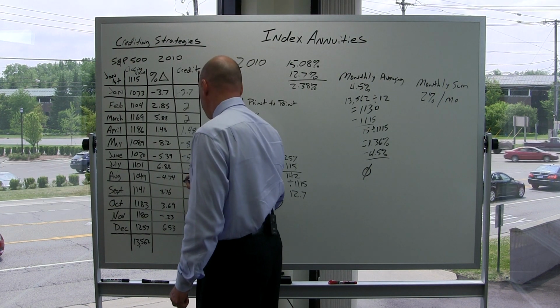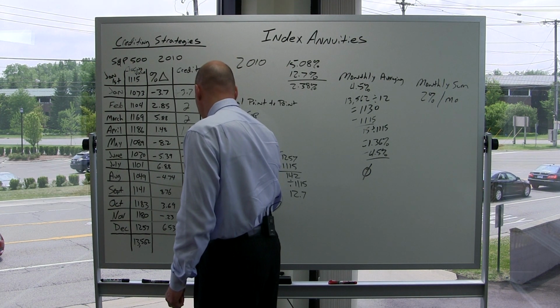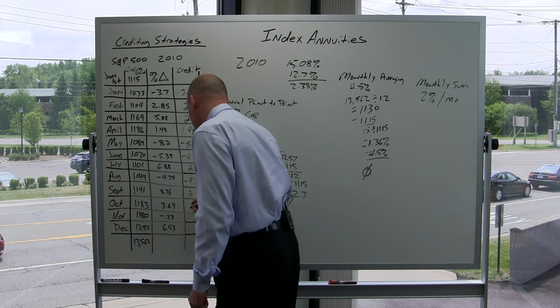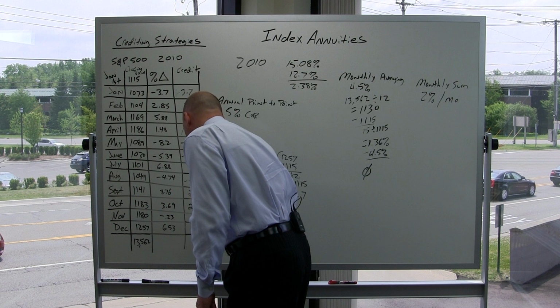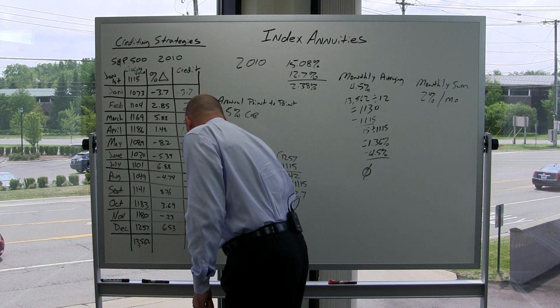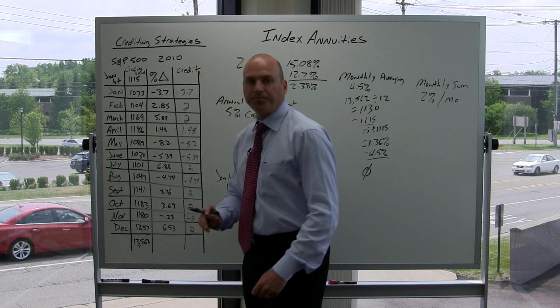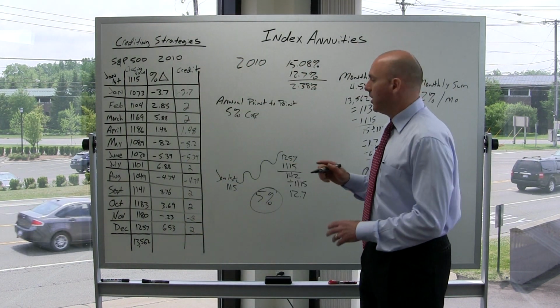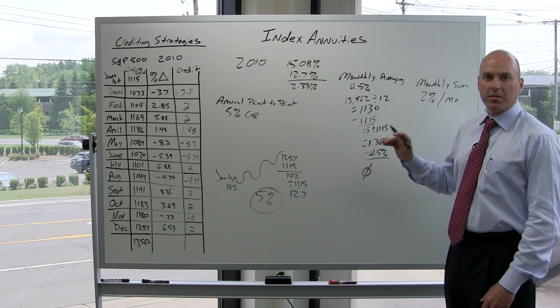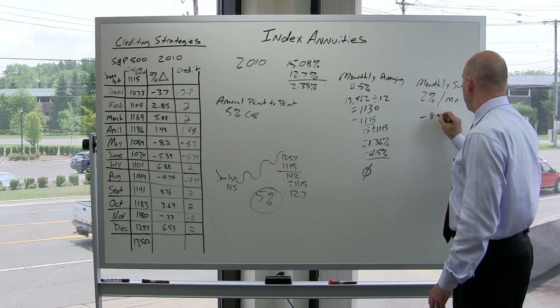July, limited by our cap. August, down 4.74. September, limited by our cap. Limited by our cap again in October. And December, limited again by our cap. So if we add up this column, it means that we earned on a monthly sum basis minus 8.78%.